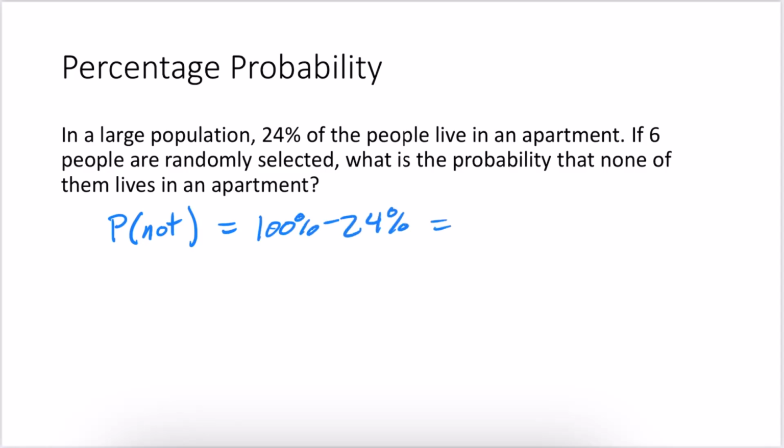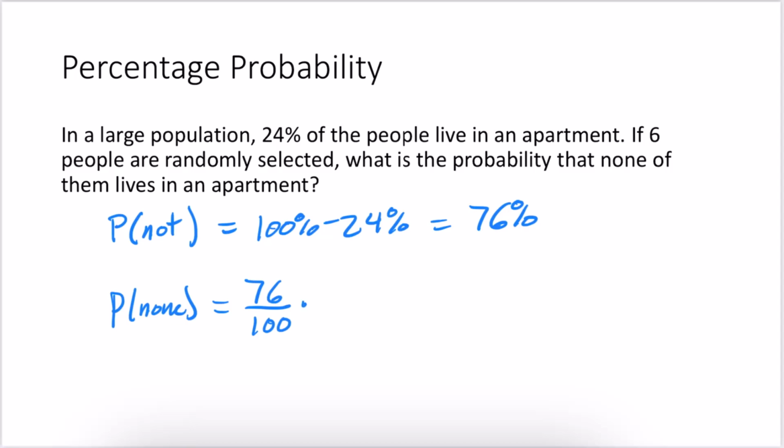And so that means that the percentage of people who do not live in an apartment would be 76%. So the probability that the first person does not live in an apartment is 76 out of 100, because there are 100% of the people in the population and 76% of them do not live in an apartment.